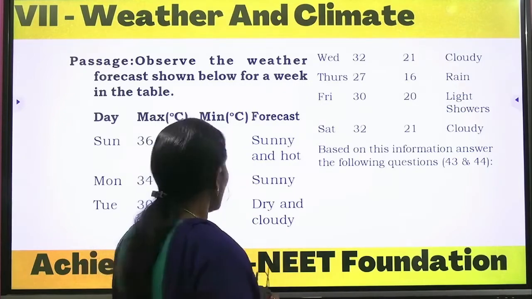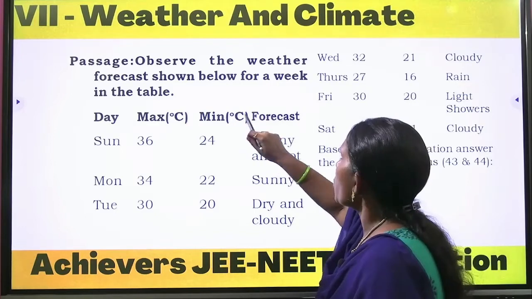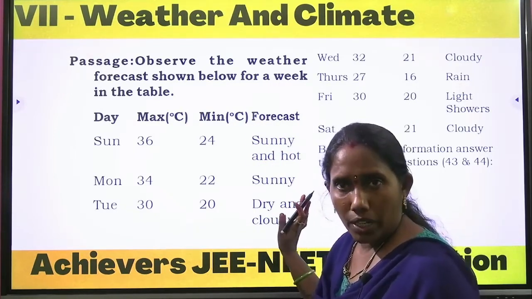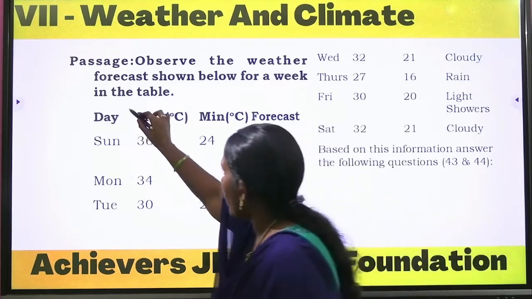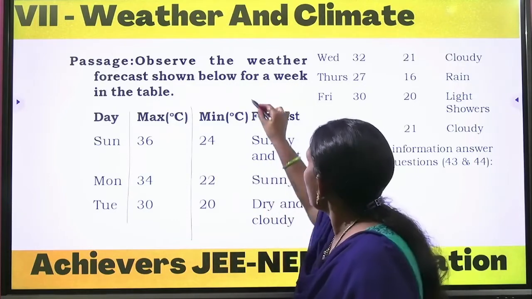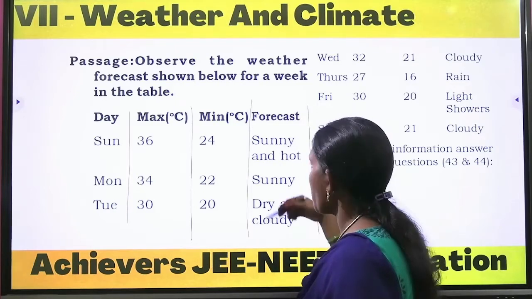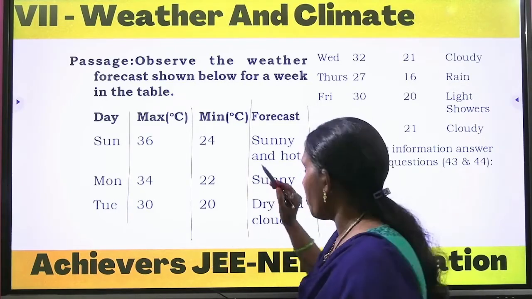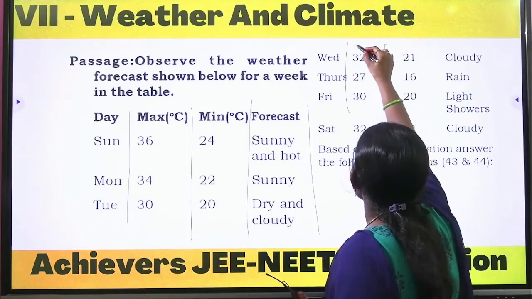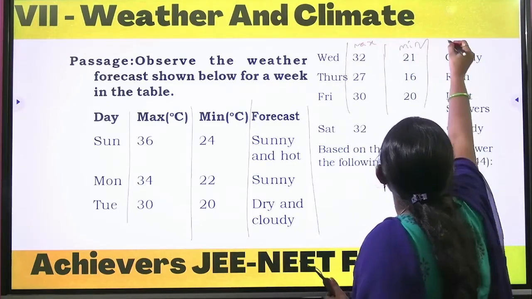See here, he has given some passages like, observe the weather forecast shown below for a week in the table. So he has given some tabular form here. This is the days, this is the maximum temperature recording, minimum temperature recording, forecast. Forecast means we are observing what is the day. This is also day, this is the maximum temperature, and this is the minimum temperature, and this is the forecast.